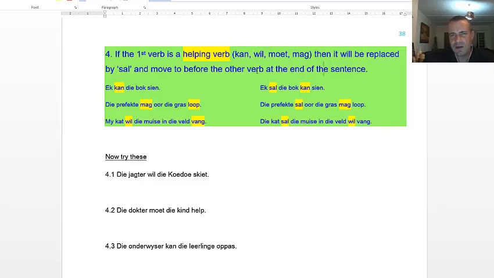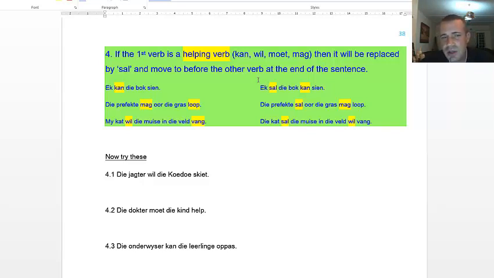So you'll remember that in past tense we changed the form of the helping verb. We said that kan changes to kon, wil changed to wou, moet changed to moes, sal changes to sou, and that mag actually stays the same.